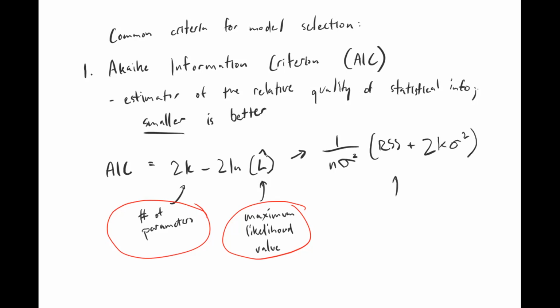So this is the AIC for linear models. Okay. So that is one common form.